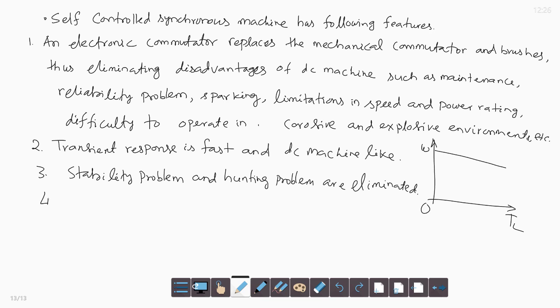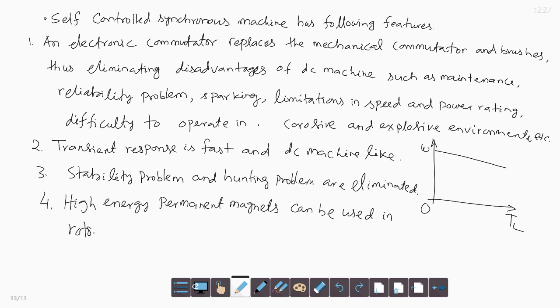So, this can give fast response and lower inertia.